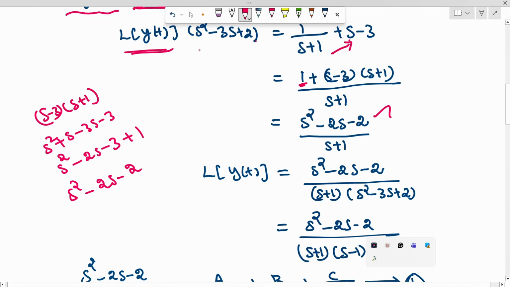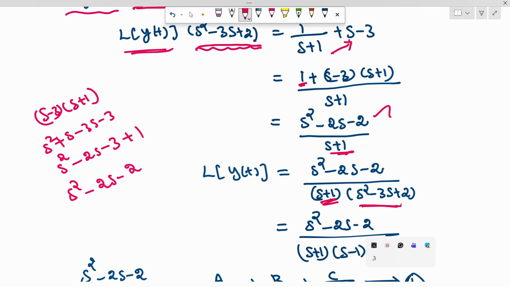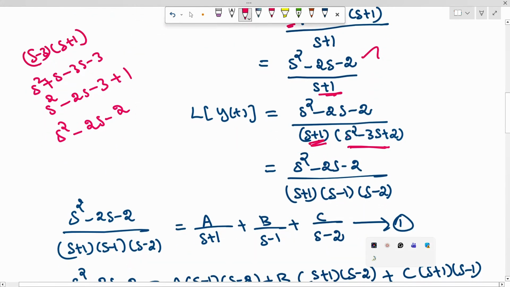In the left hand side we are having the s square minus 3s plus 2 term. Now that left hand side term goes to the right hand side, it will be in the form of L of y of t equal to s square minus 2s minus 2 divided by s plus 1, which is equal to s square minus 2s minus 2 divided by s plus 1 only.